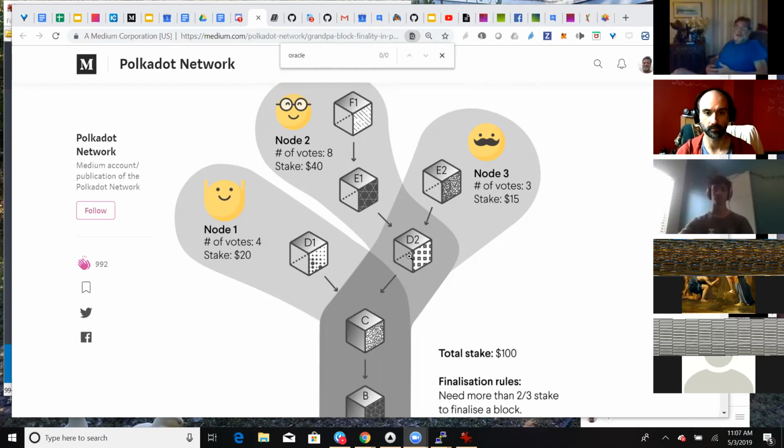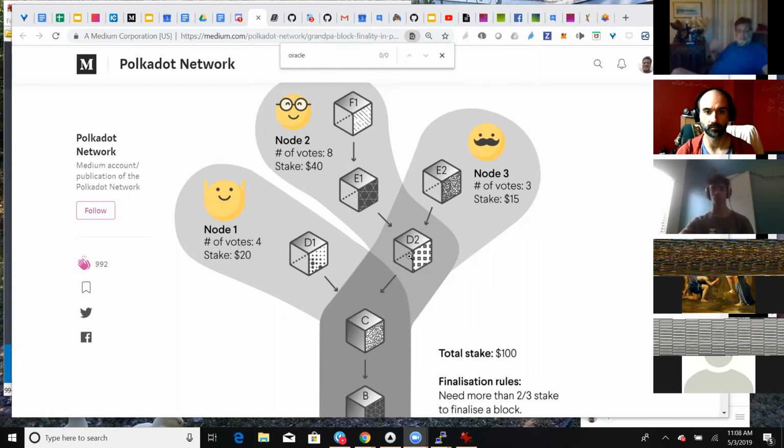Once everyone knows block D is finalized, they no longer need to consider forks that don't have block D2 on them. So block D1, for example, is out.